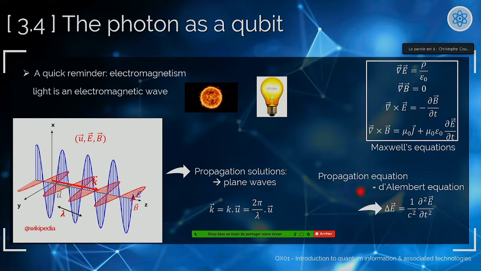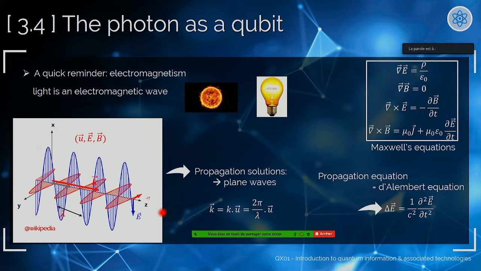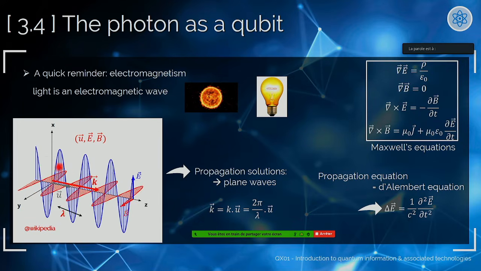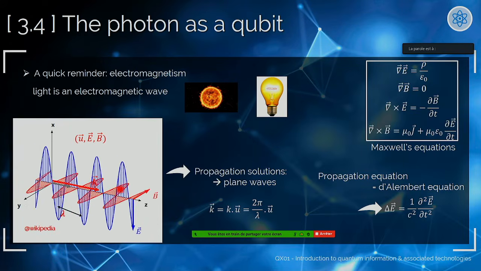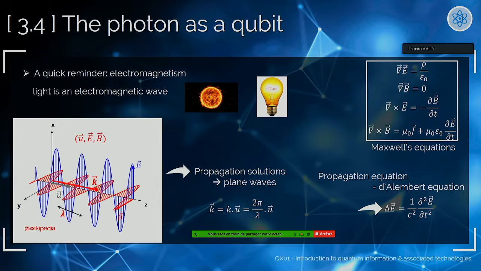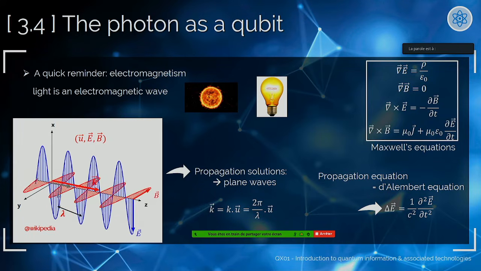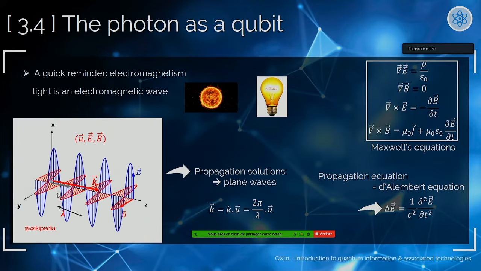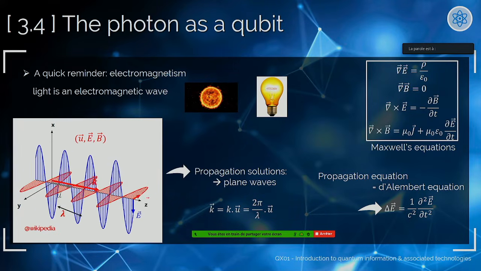And what we said is that there is a nice property of the electromagnetic field: an electromagnetic field is made of three components. So its direction, u, and its wave vector. So the wave vector k is actually 2 pi over lambda, where lambda is the typical wavelength of the wave. So it would be the same for a sea wave. You would have the same characteristic.